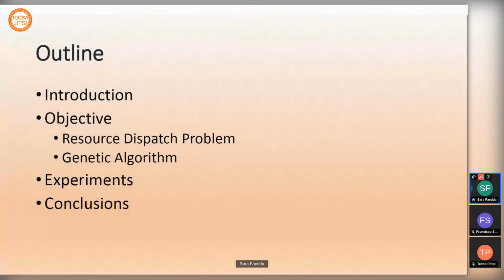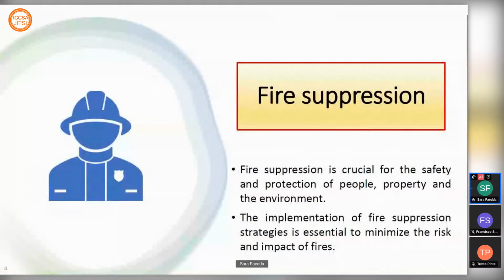First, I will start with a small introduction to the problem, but Filipe also said lots of things about this one, so I don't have to say too much. So you already understand what is the problem.